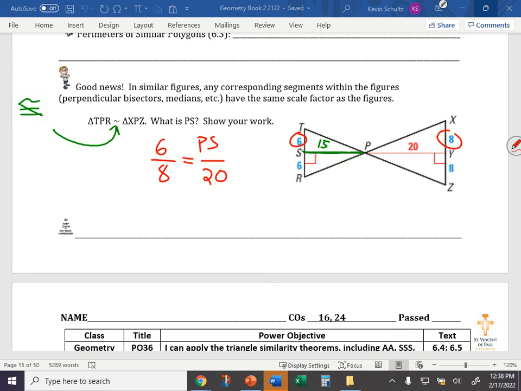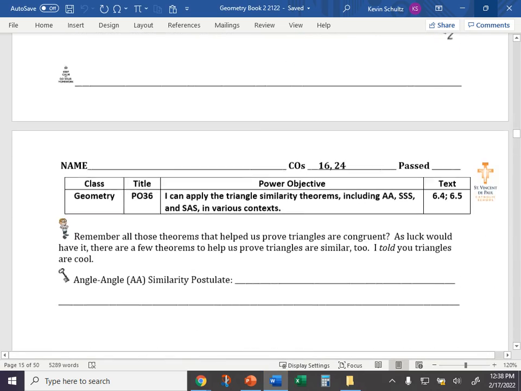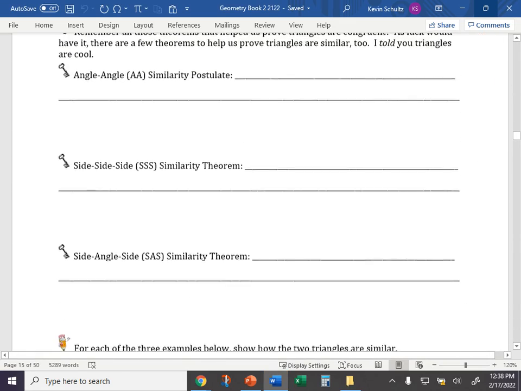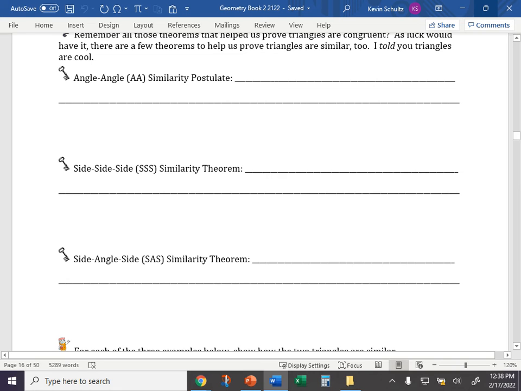Have I got you excited about similar figures? Well, the good news is that our next objective is another writing objective. Look at all this stuff. You see some familiar friends. You see a side, side, side. You see a side, angle, side. When we talked about those in PO24, they were for congruent triangles.